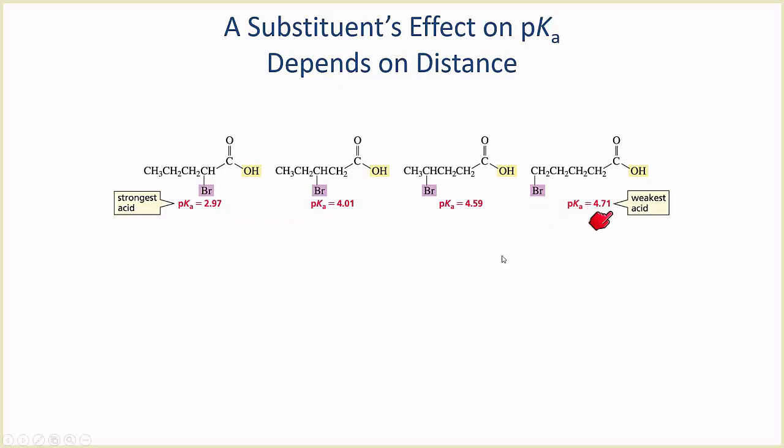And if you remember, acetic acid and the carboxylic acid family is right around 4.7, 4.8. And so this is approaching that of a normal carboxylic acid. But again, it's an inductive effect, and the inductive effect depends on how close the group is to the acidic functional group.